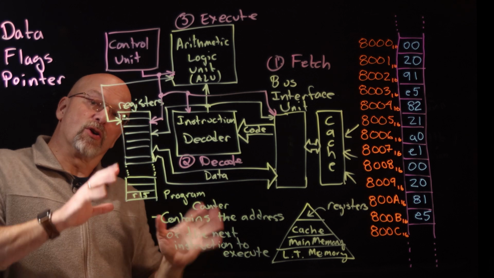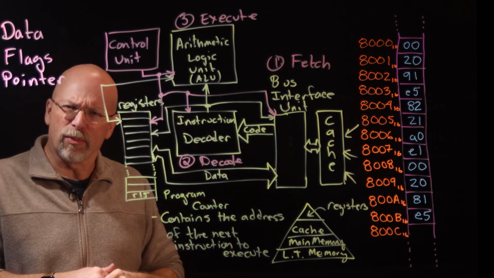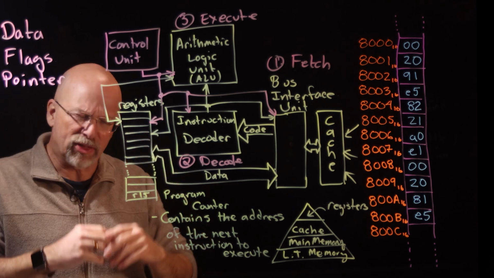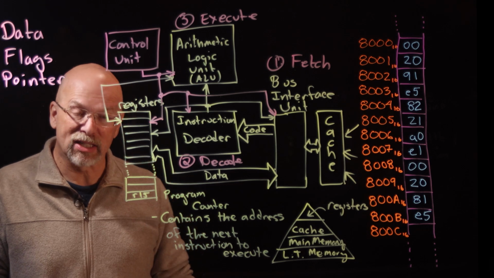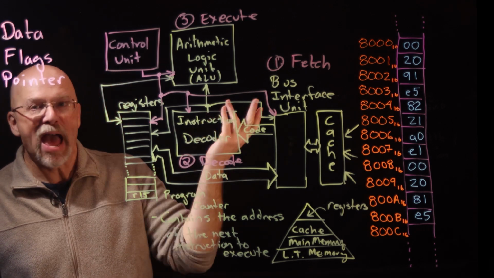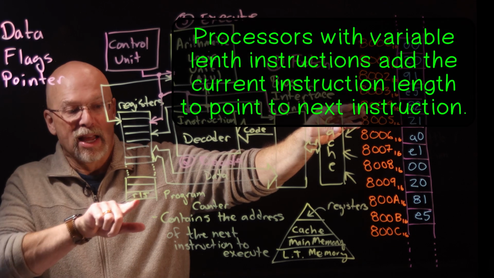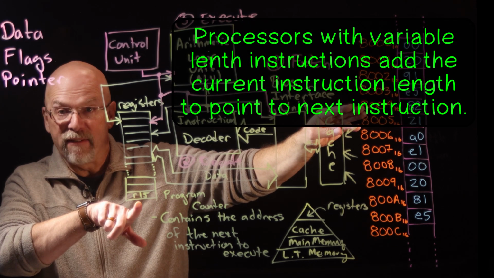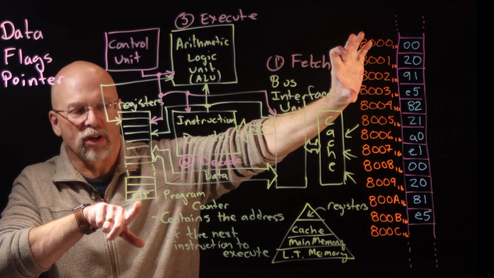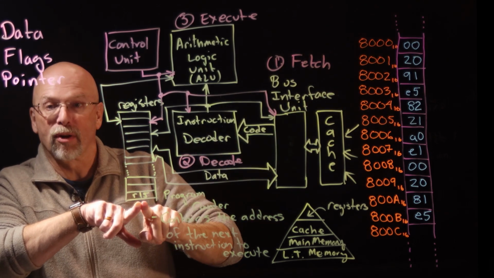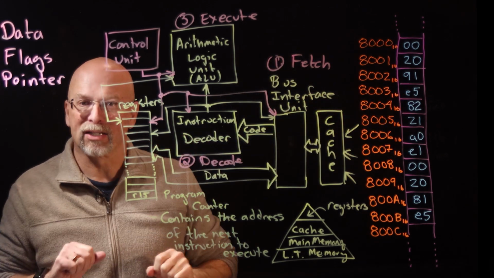Because of the architecture of the ARM processor and many other processors that use fixed-width instructions, in other words instructions that are always the same size, it simply adds 4 to it, so that we're automatically pointing to the next instruction. And so this now contains 8,004. After the execution of this instruction, the instruction decoder goes to the program counter, 8,004, and simply grabs the next instruction.